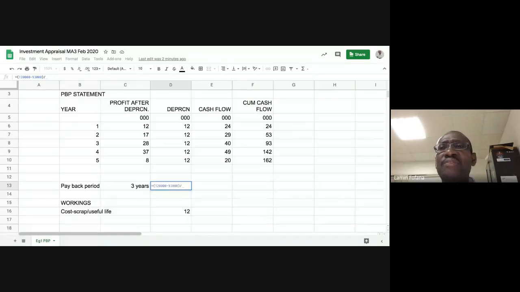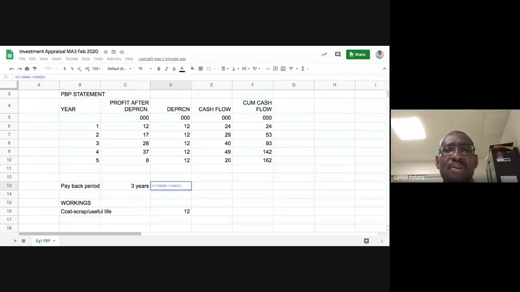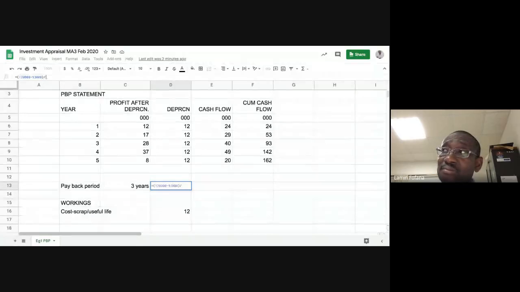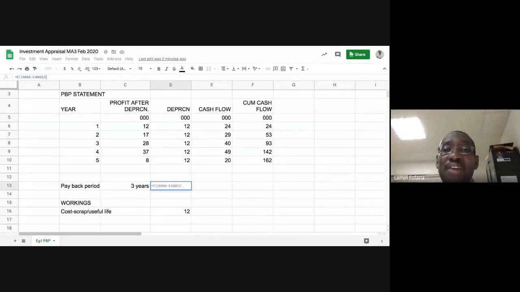You have to convince me. I think it is in between 3 years and 4 years. Yes, that is correct, and continue. It's very simple. You are right. It should be divided by 49,000.